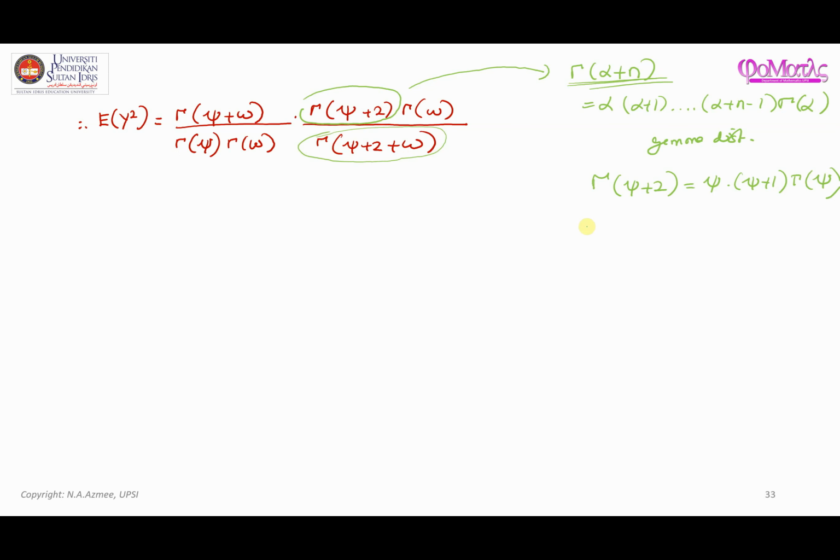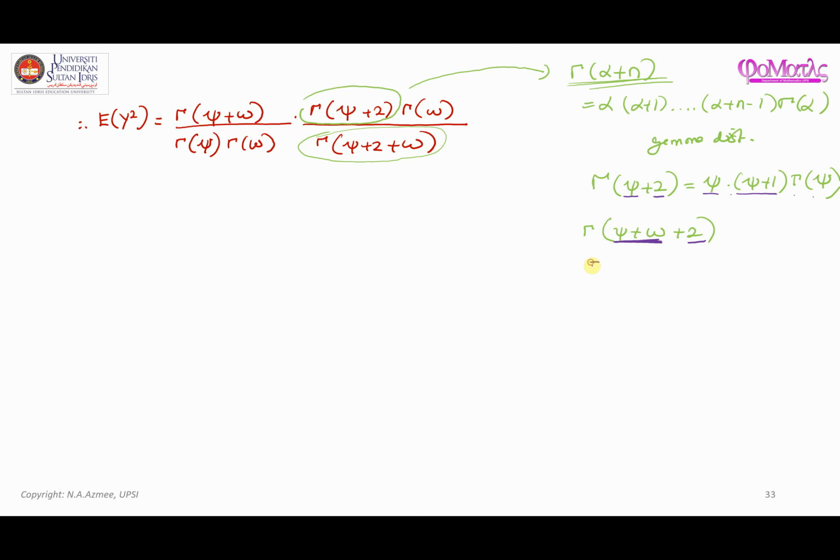For that one here, we have something that can be written as psi plus omega plus 2. I hope you can see that this looks like gamma function of something plus 2. Now if you have psi plus 2, the result is psi times psi plus 1 times gamma function of psi. So if you have psi plus omega, you have something that looks like this.